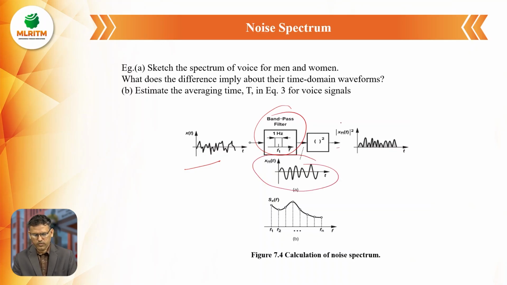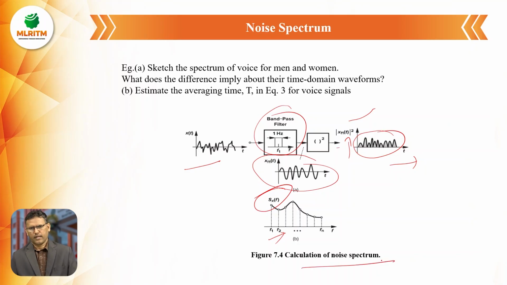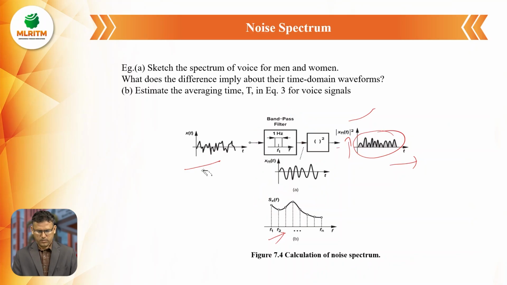The magnitude is represented on the y-axis and frequency on the x-axis. This is the graphical representation of the noise spectrum, and it can also be sampled at particular frequency intervals like f1, f2, f3 up to fn. So we can observe Sx of f, the spectral density of the noise. We can calculate the noise spectrum in any signals.